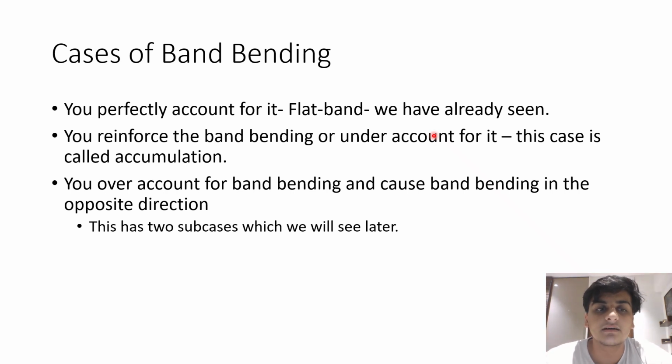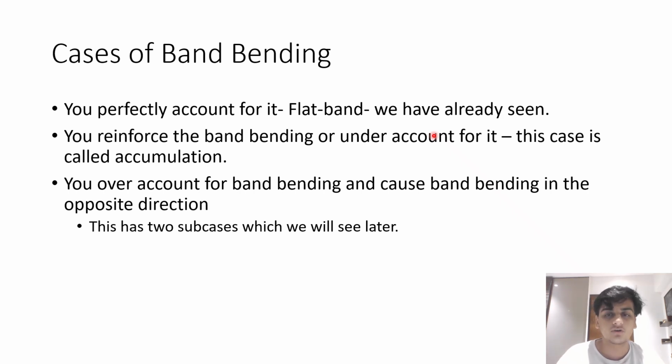And the third case is that you over account for band bending, which means you apply even more voltage than the flat band voltage. And what that does is that it causes the bands to essentially bend in the opposite direction. And this over accounting has two sub cases, which I would like to talk about when I get to them, because I don't want to give too much information and confuse you now.